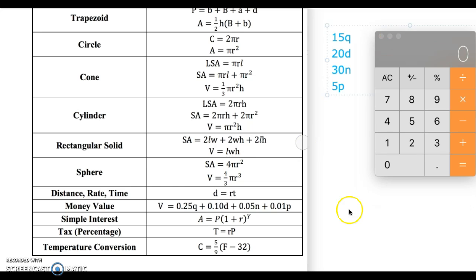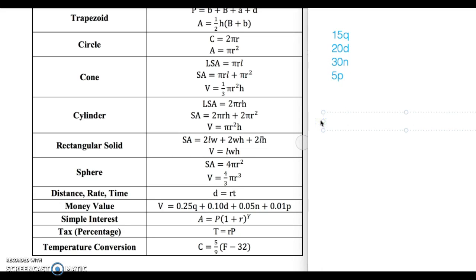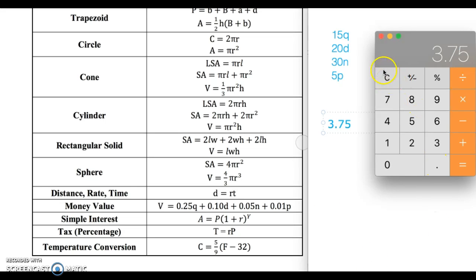Actually, I'm going to go back and just do 0.25 times 15, and then I'm just going to write these down. So this is 3.75, and then clear it, and then do my dimes. 20 times 0.1, which is 2.